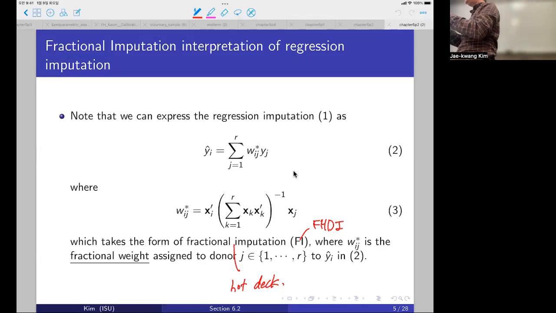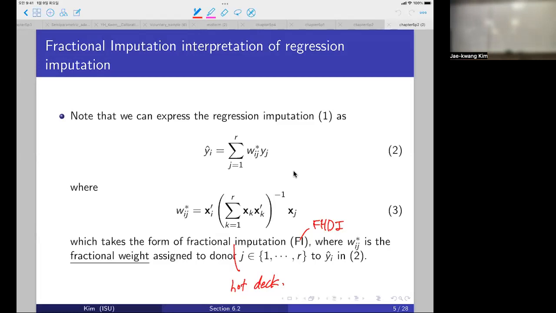So hot deck means that we are using the current data. It's not old data; we are using the same data. Anyway, fractional means that we are splitting, so we are using a fraction, not 0 or 1. It's between 0 and 1.